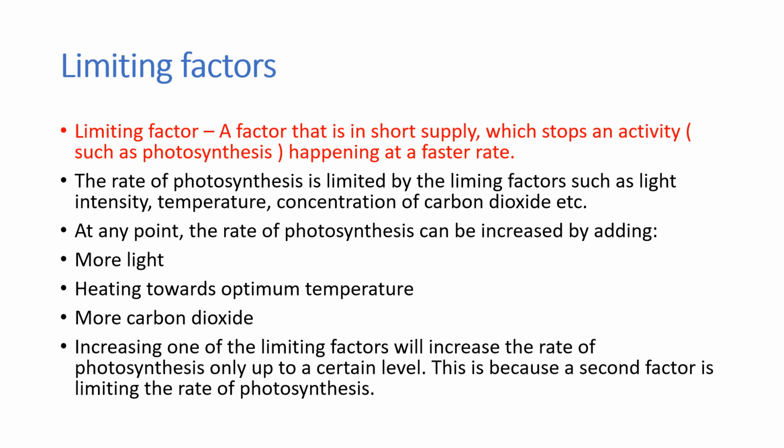But increasing one of the limiting factors will increase the rate of photosynthesis only up to a certain level. This is because a second factor becomes a limiting factor and controls the rate of photosynthesis.